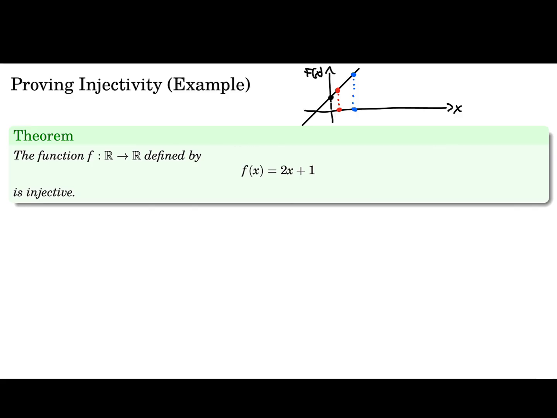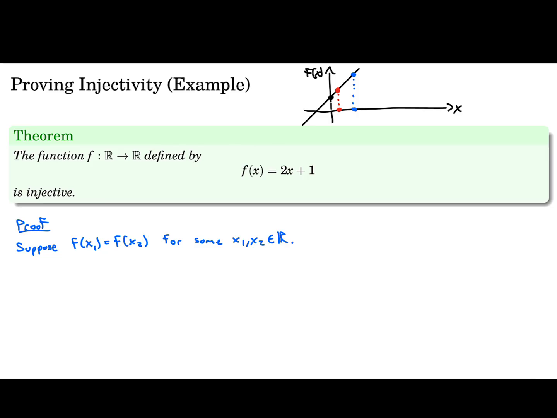We will do a direct proof. Proof: again, suppose that f(x1) is equal to f(x2) for some arbitrary x1 and x2 in the real numbers.